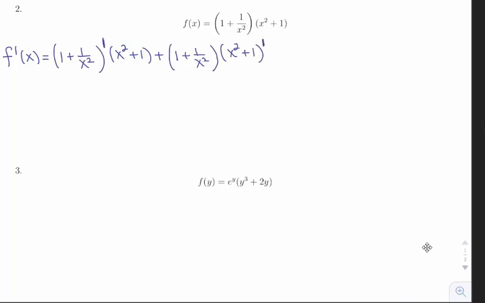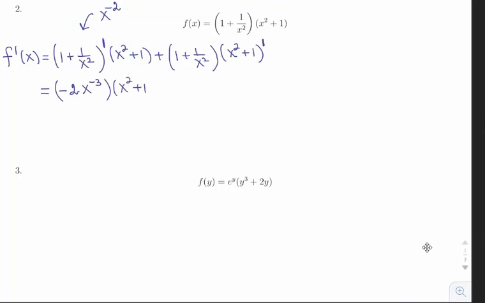Let's see. The derivative of 1 is 0. The derivative of 1 over x squared, remember this is x to the negative second power, so this would be negative 2x to the negative third.